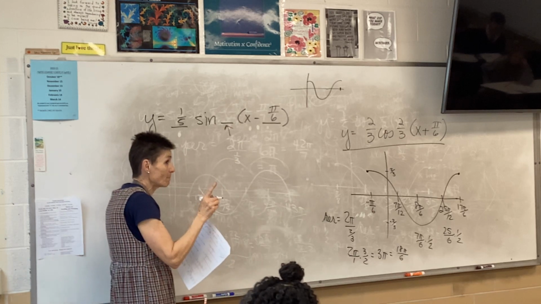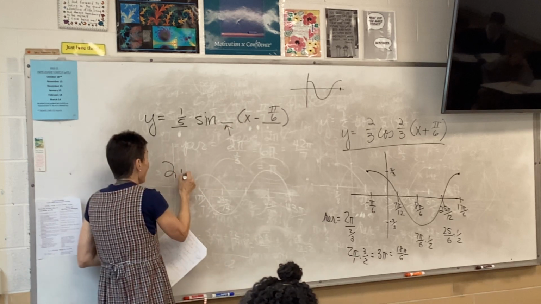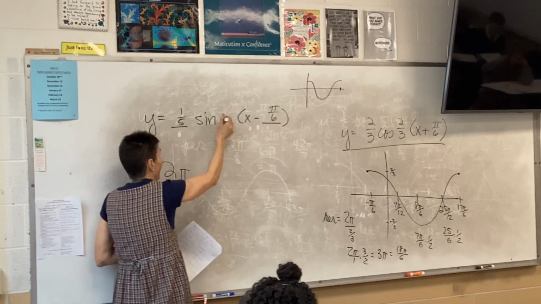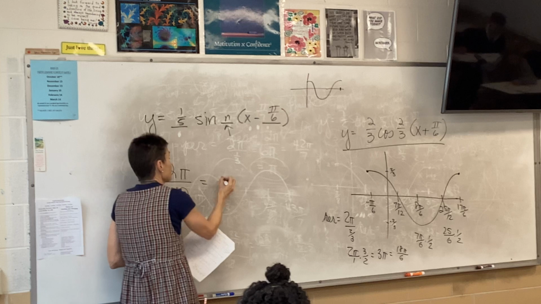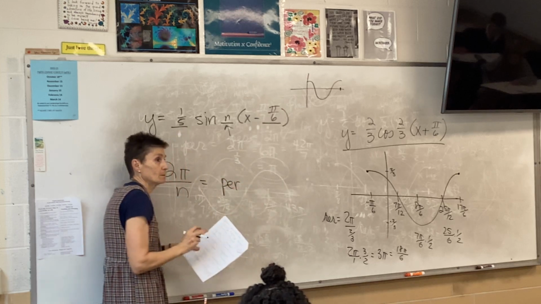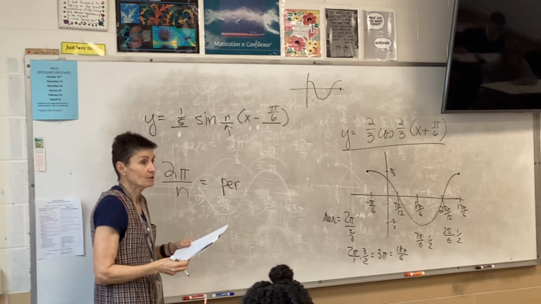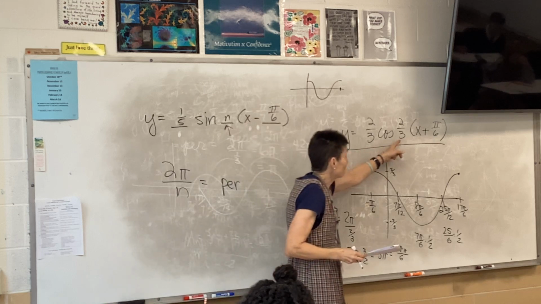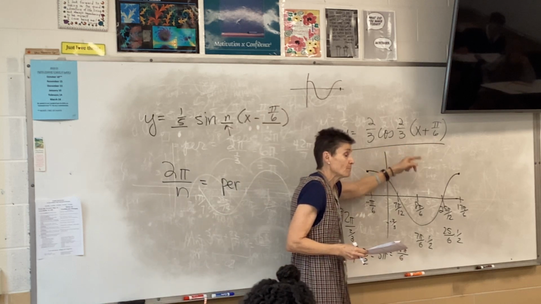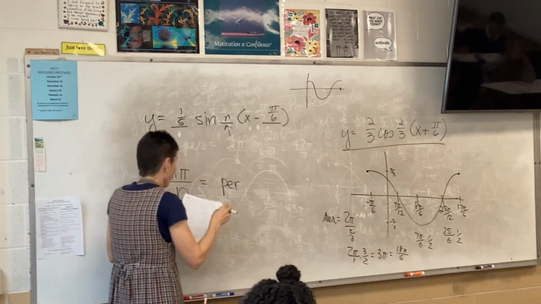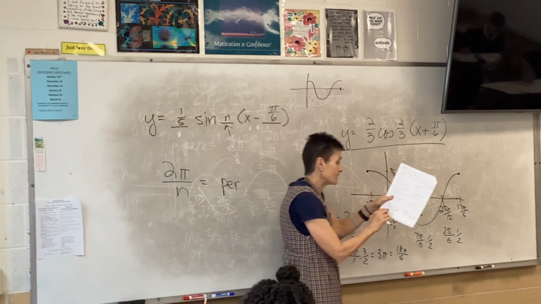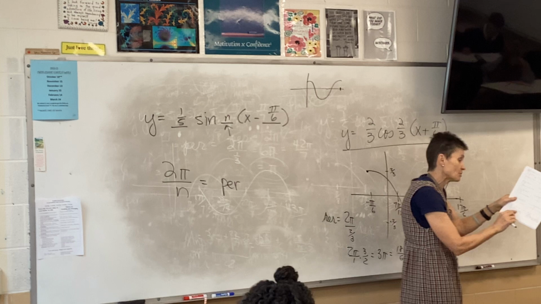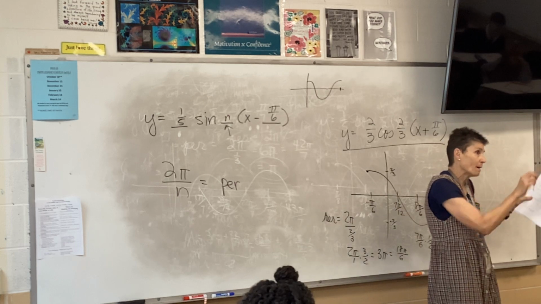But I want you to remember that 2 pi divided by that number, I'll just call it n, is the period of the picture. That's how you find the period. You take 2 pi and you divide it by that number. Well, wait a second. What is the period of my picture? How far is it from the beginning to the end of my picture, Jake?